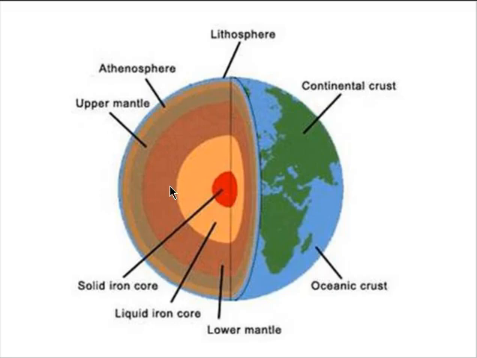Here it's written as lower mantle and upper mantle, but we're just going to call that whole thing the mesosphere. And then we get to the asthenosphere, which flows, okay? And then at the very surface, we have the lithosphere, which is the cool outer shell of our planet.